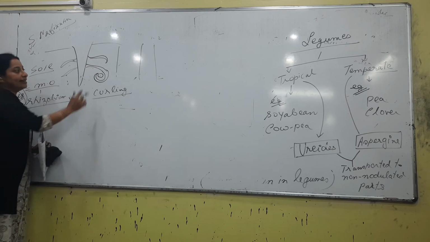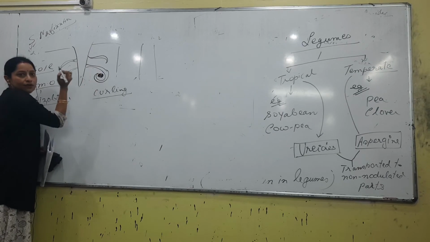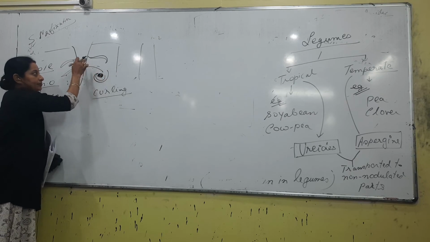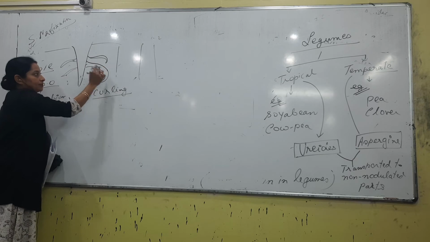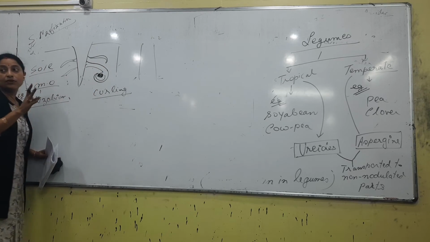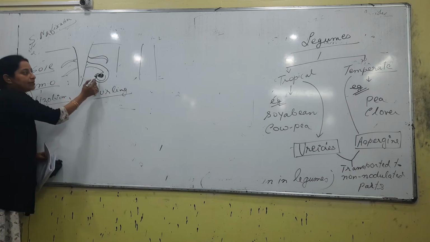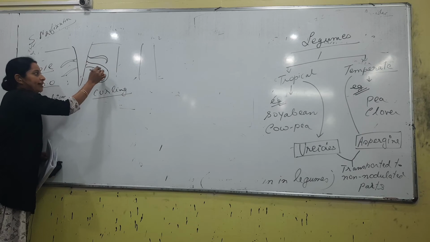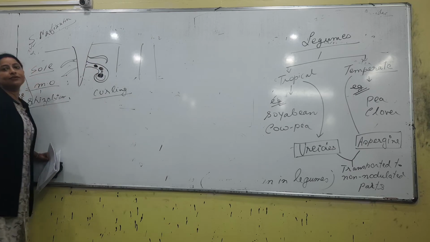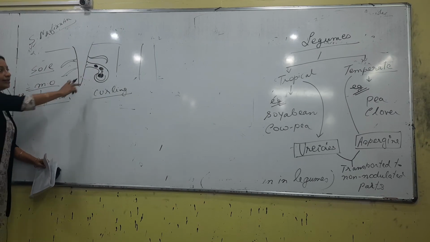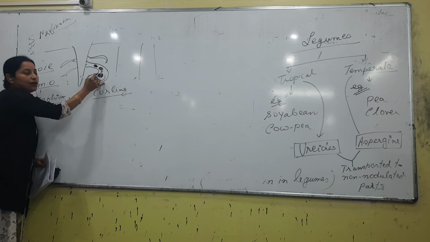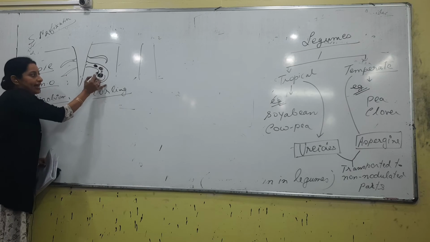Second, after curling, this microorganism lyses the cell wall of the root hair. Certain types of chemicals it sensitizes, it lyses the cell wall at one part, and it ultimately enters the root hair, right? First, the chemicals of rhizobium attract: curling of the root hair, lysis of the cell wall, entry.